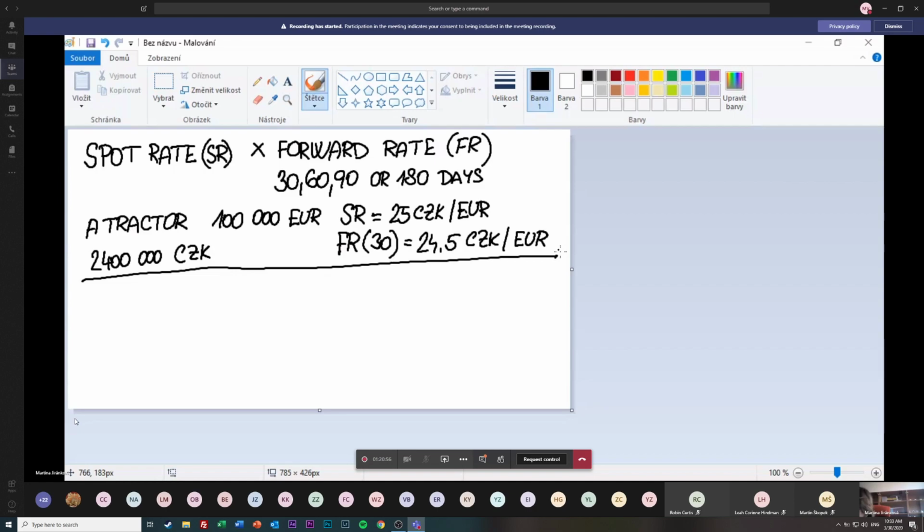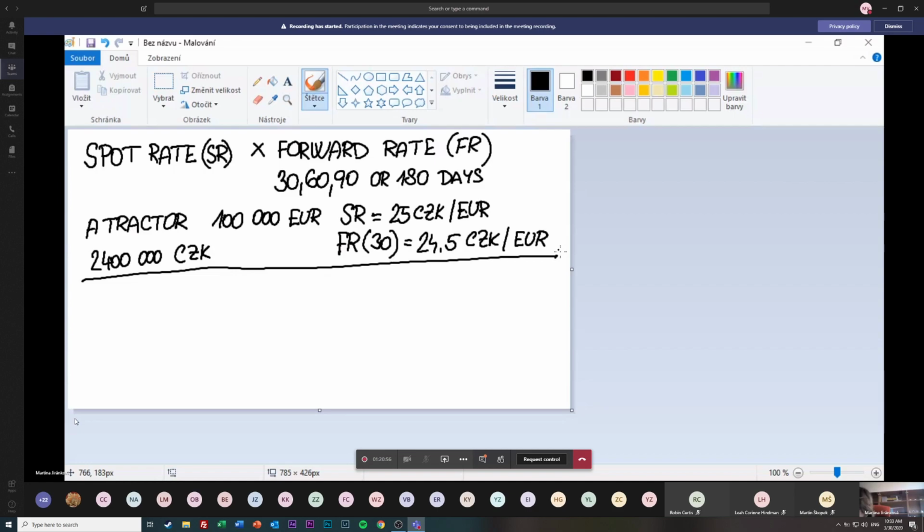But what could happen? It could also happen that the spot rate would change. It could be 23. Again, I am using a very big number. It's not usually such a big difference in exchange rates, but imagine it for better explanation.